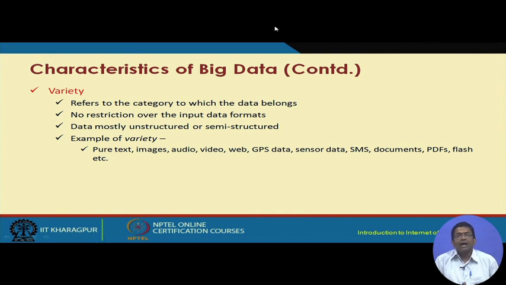All these different varieties of data flow through a single pipe in the IoT world: huge volumes of data at high velocities, highly varied, consisting not only of text but also audio, video, images, web, sensor data, and so on. Everything flows together.